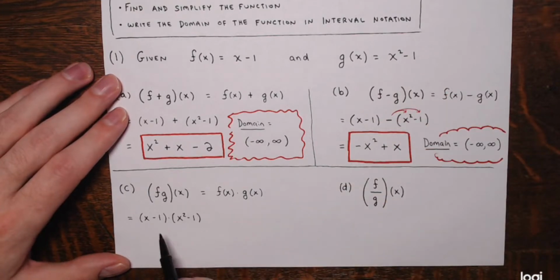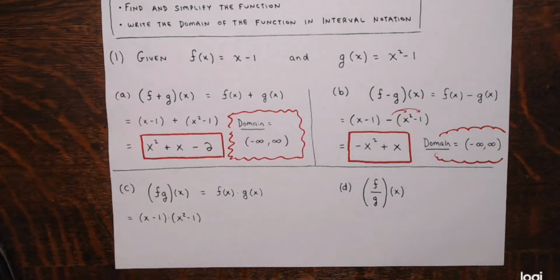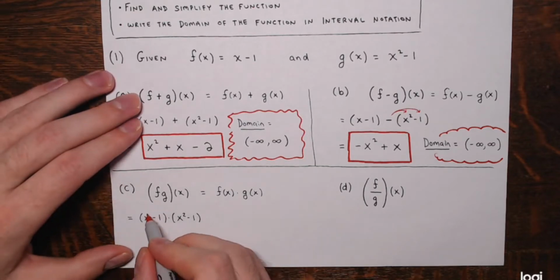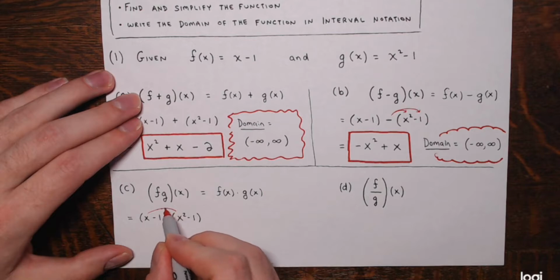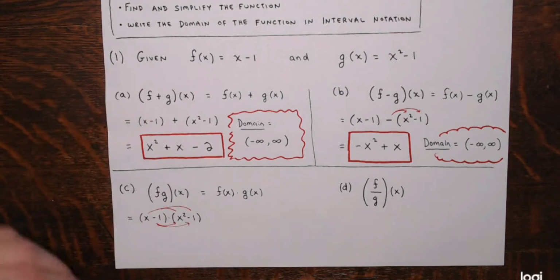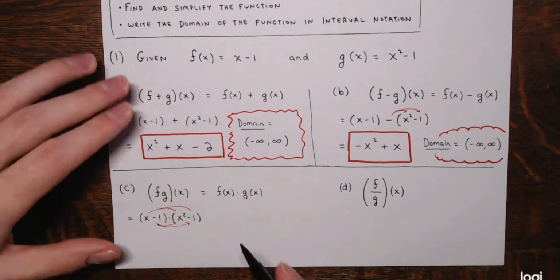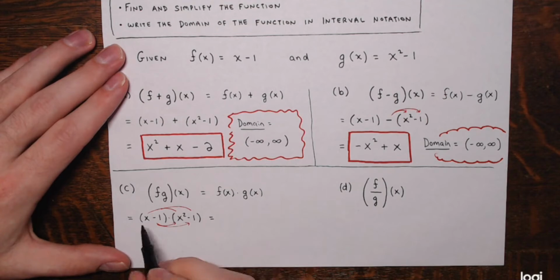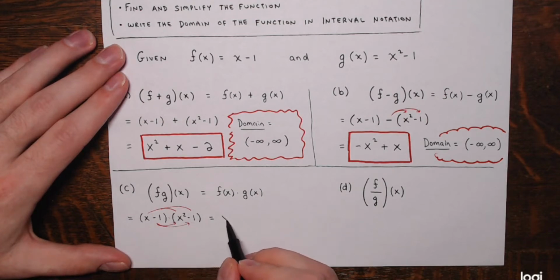And then I'm going to do a bunch of distributing. You distribute, you FOIL. You take x times the x squared minus 1, and then negative 1 times the x squared minus 1, and combine like terms, if there are any. So x times x squared minus 1 would be x cubed minus x.